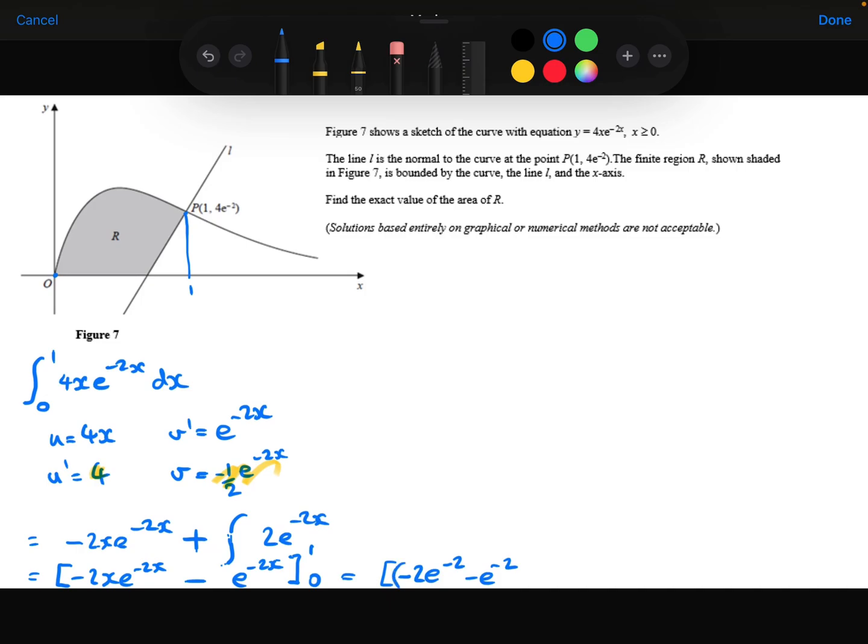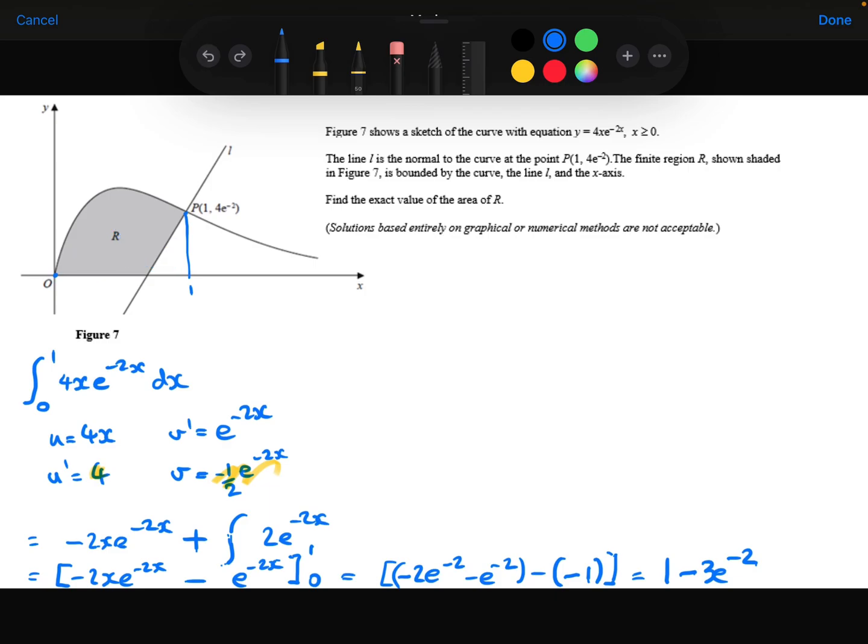That's substituting the 1 in, and now substituting the 0 in, we'll get the minus 2 times 0, and the minus e to the power 0, which is minus 1. So the area is going to just be a positive 1 and a minus 3 e to the minus 2. Right, so that's the area of all of this.